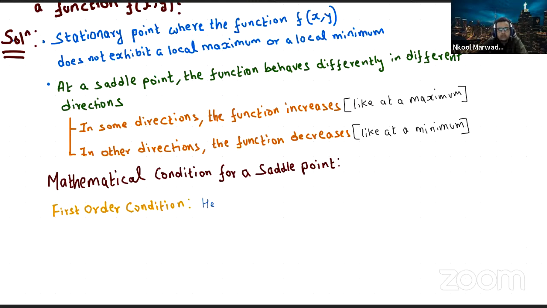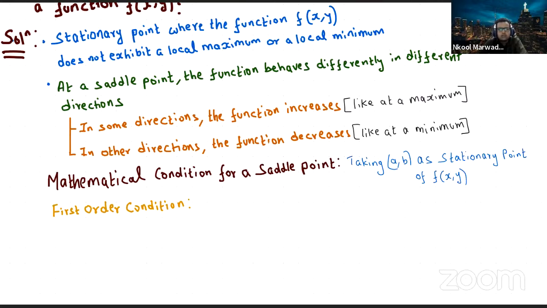Before the first order condition you can write: taking a comma b as the stationary point of f of x comma y.